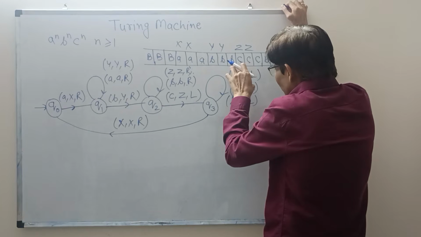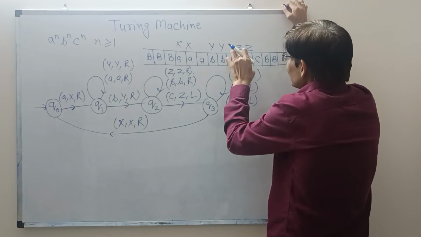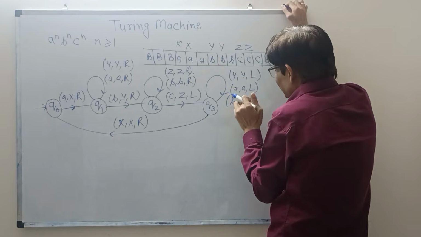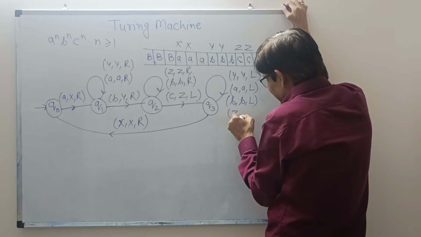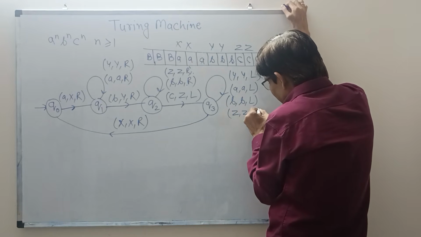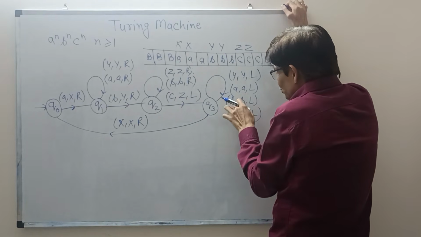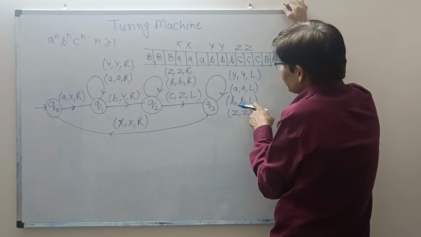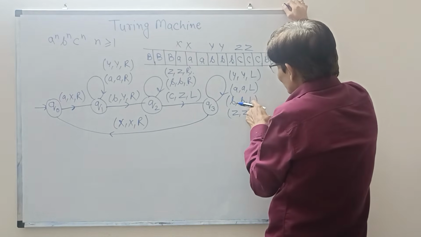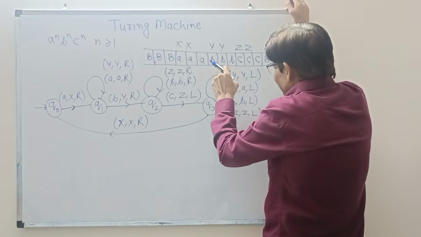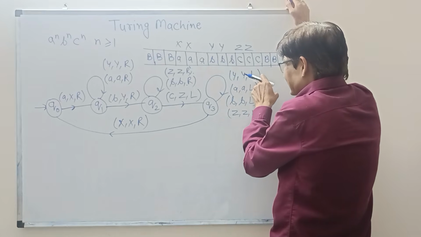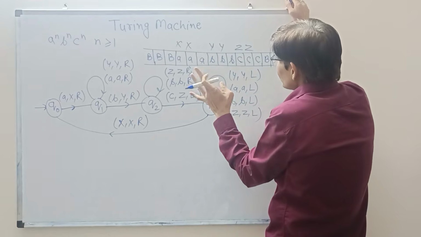Now in the reverse journey, you will get Z. You need to skip this Z as it is and continue moving towards the left. Then you will get B. You will leave this as it is and continue moving towards left. You will get Y, leave it as it is and continue left.